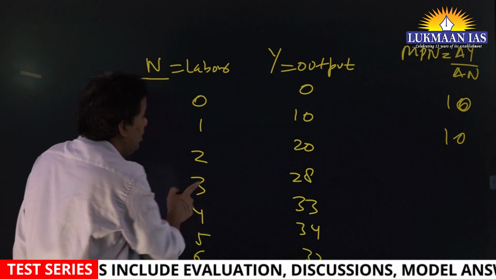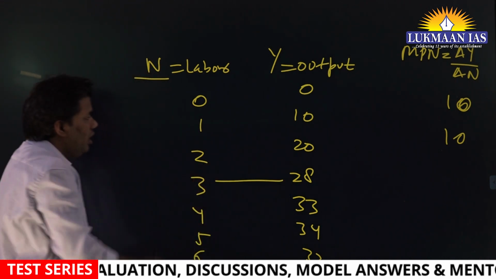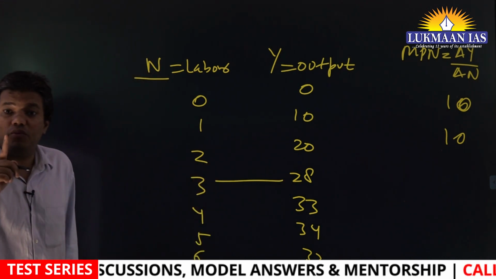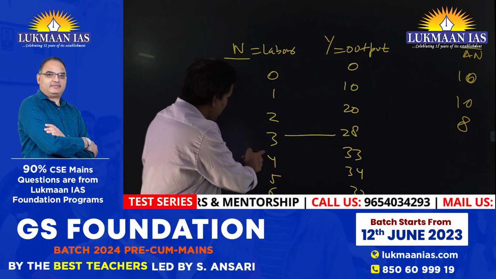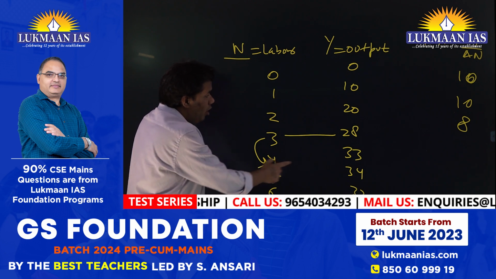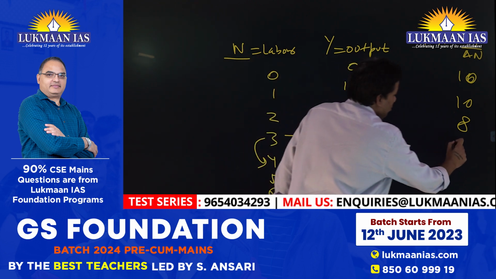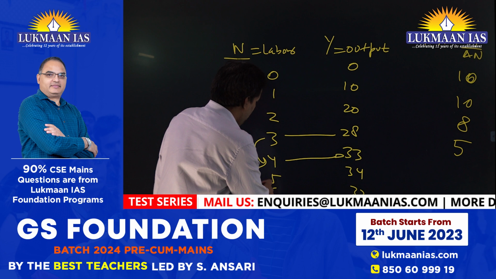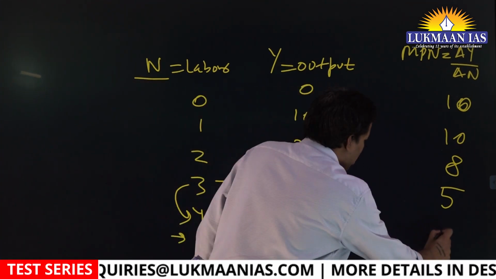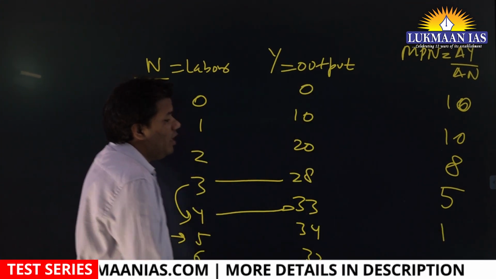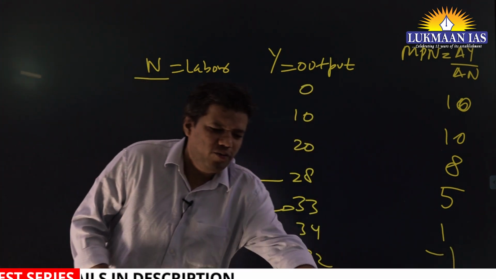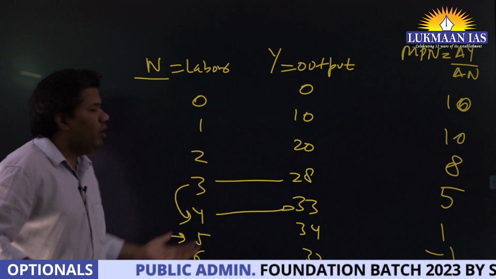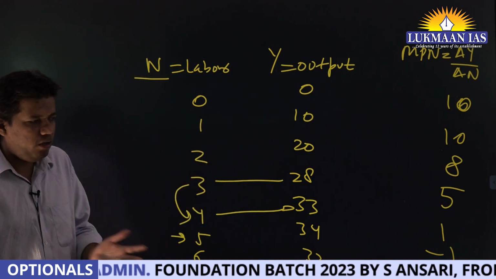Now this is the important point. What is happening here? You increase one additional labor, but the additional output is only 8, right? Here one more additional labor, but the increase is only 5. Here one more, only 1, and here it becomes negative. This is what you generally observe in an organization also.